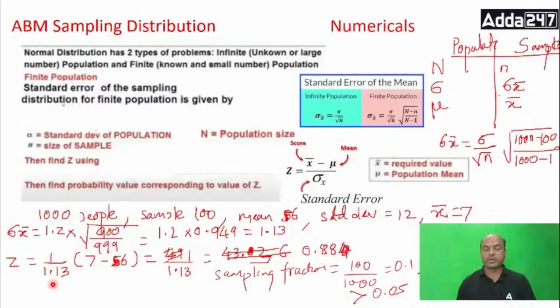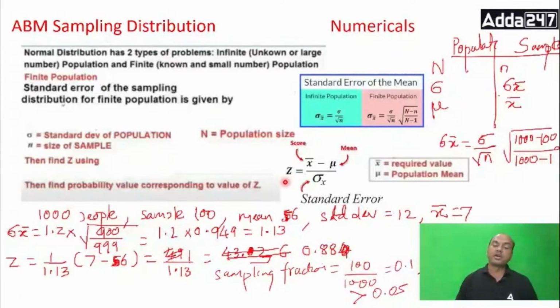So 1 upon 1.13 into x bar is 7 minus mu, the population mean, 6. 7 minus 6, so 1 upon 1.13, which is 0.88. So z equals 0.88.